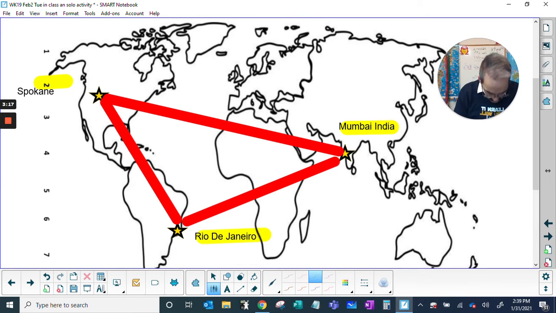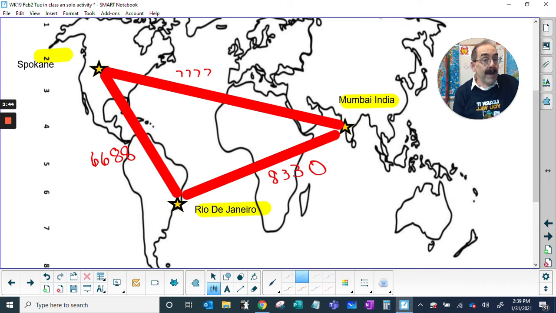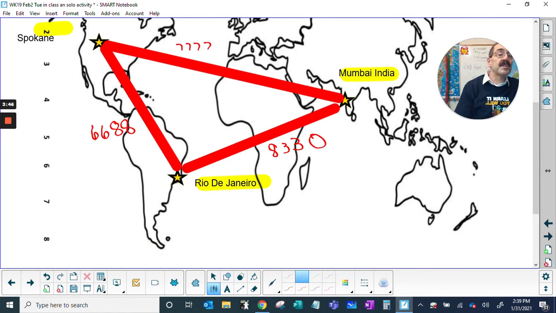So if we Google all that, we're going to find out that it's 7,777 miles from Spokane to Mumbai, India. 6,688 miles from Spokane to Rio de Janeiro, and 8,330 miles from Rio de Janeiro to Mumbai, India. But on a map, we can't draw it that way. We have to scale it down.